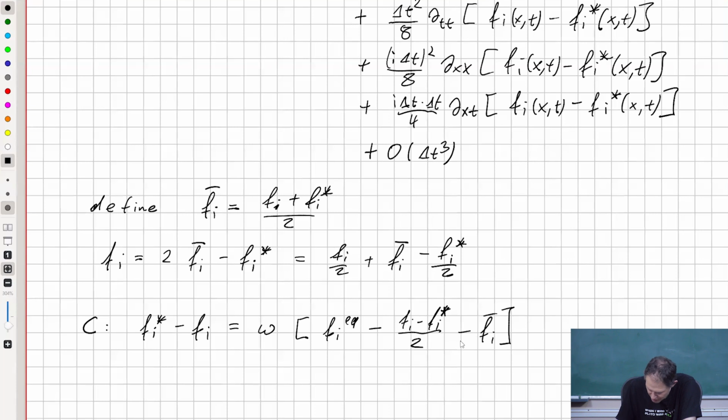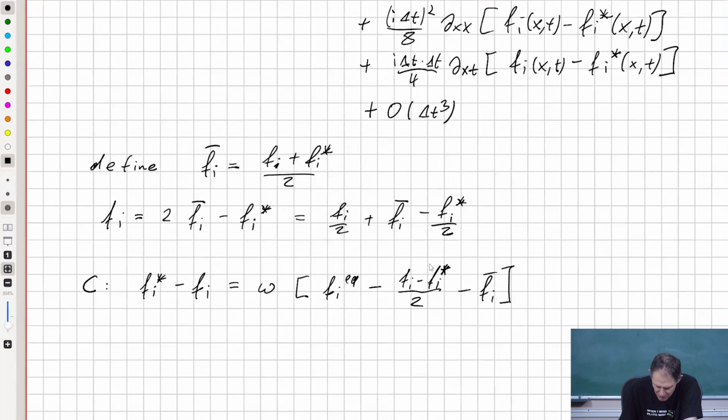Now I just replaced fi before collision with this. So now we have this fi minus fi star on both sides. We have a switched sign, but otherwise we have it on both sides.